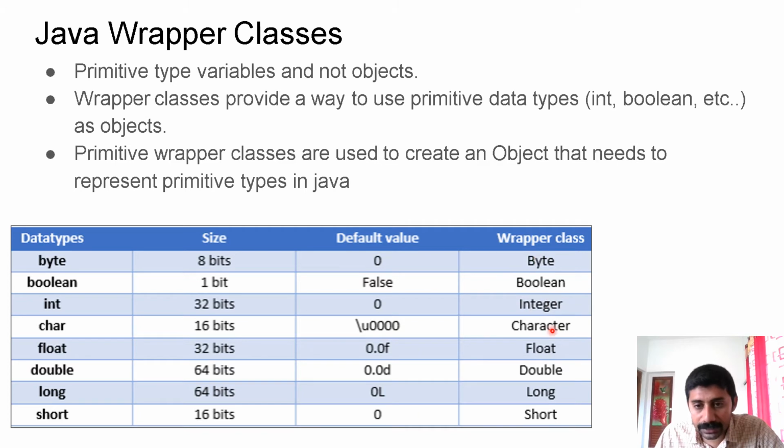In the same way, these are the wrapper classes. So whenever you need to have the object representation of the primitive data types, you have to use the corresponding wrapper classes. You will understand the need for these wrapper classes when you learn the collection framework and all. We are just introducing that concept right now.